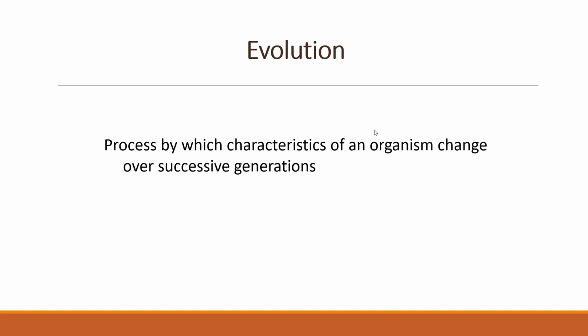After the industrial revolution, when there was excessive soot everywhere, the light-colored moth was not in a position to be very successful because it stood out against the soot. The darker moths started surviving better, and so the moths turned darker over successive generations. So evolution is this selection for optimal characteristics that allow the organism to be more successful.